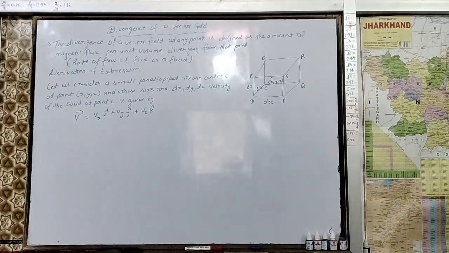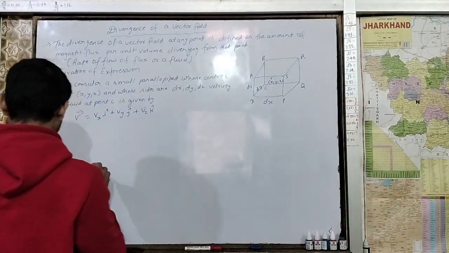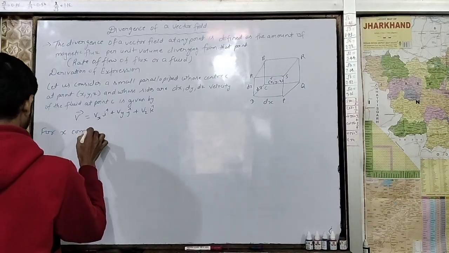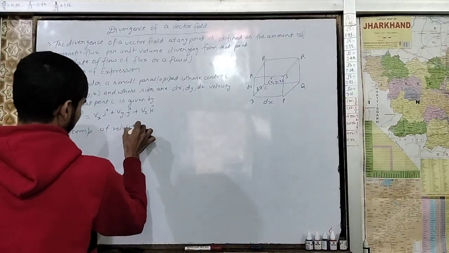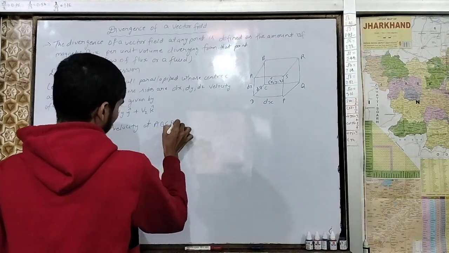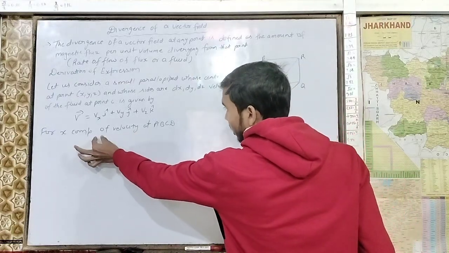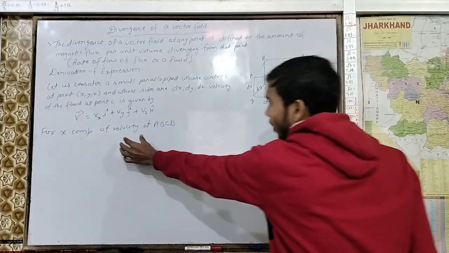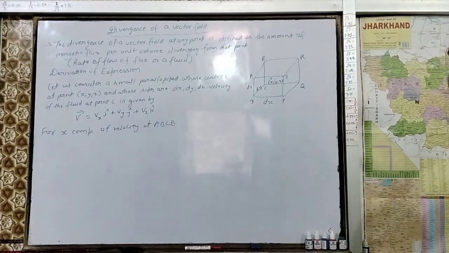Okay, for the x component of velocity at ABCD, look over here. You will have to analyze this part. What is it saying? This is the statement for the x component. For this x component, how much will the velocity of the fluid from this surface be? That is what it is saying.